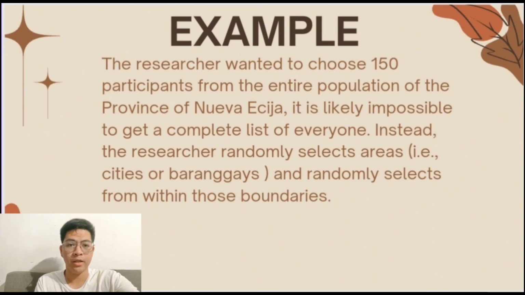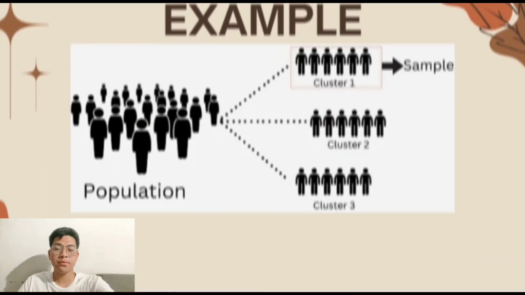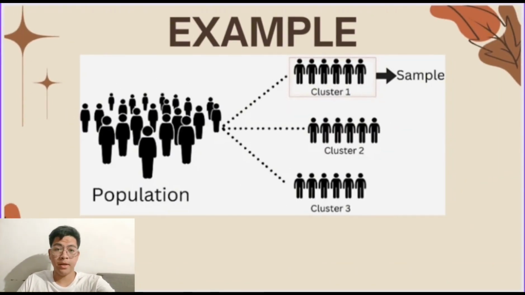Randomly selects from within those boundaries. So, ang nagre-represent ng population dito is the whole Nueva Ecija. And to choose 150 participants, we needed to divide it into clusters, which in these examples ay nire-represent ng mga barangays and cities.